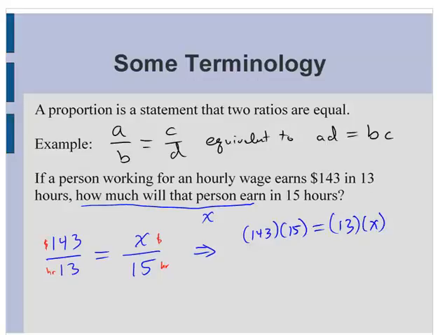Now let's do some multiplication here. 143 times 15, so let's see, 2,145 is equal to 13x. Now we got to do some division, dividing through by 13.